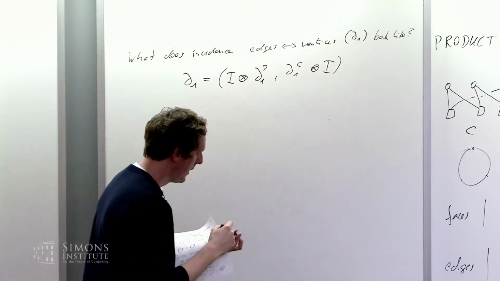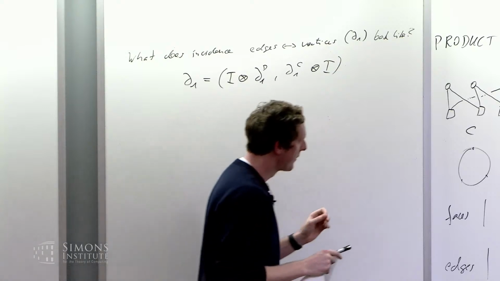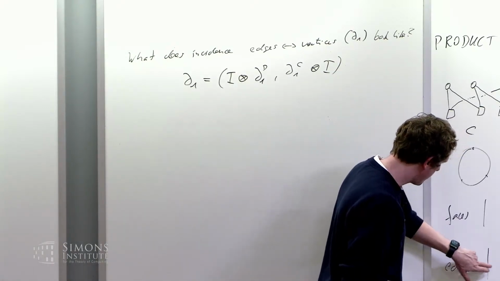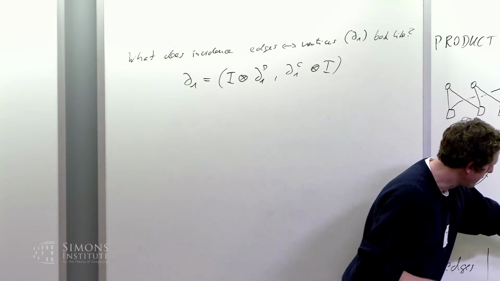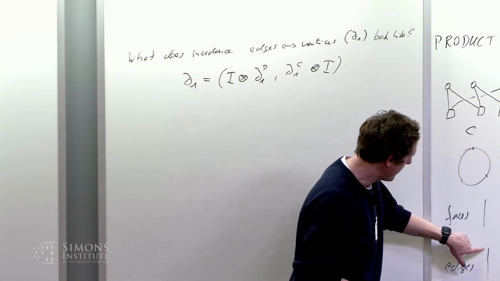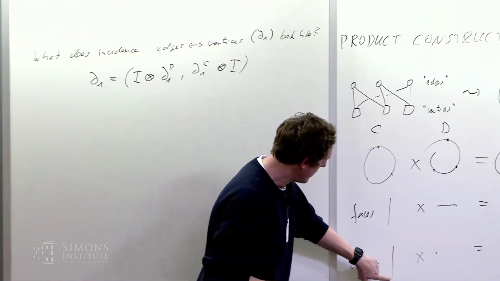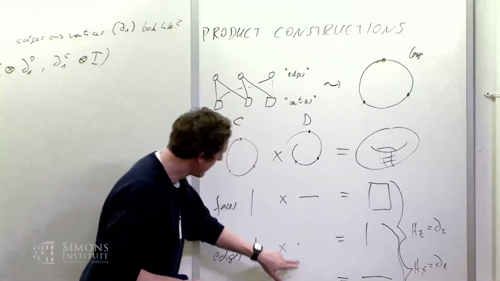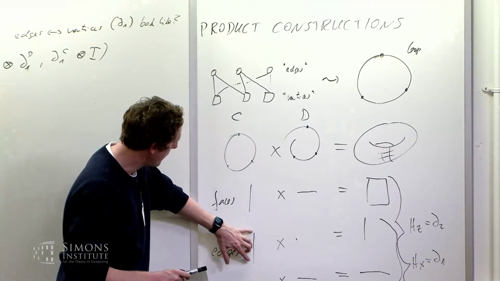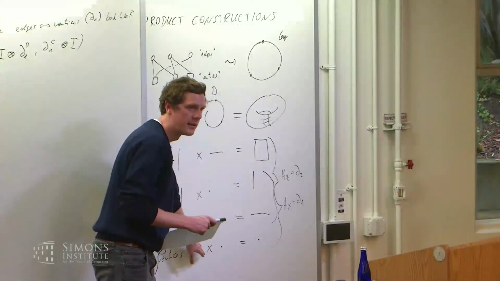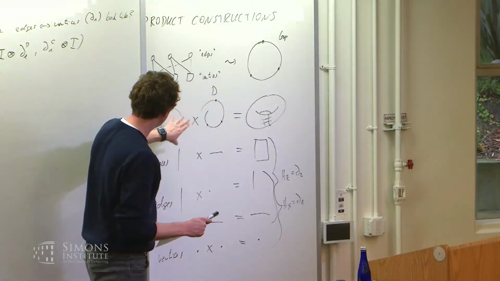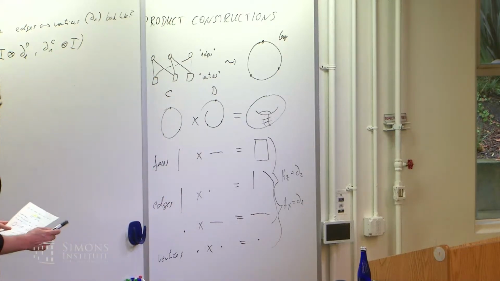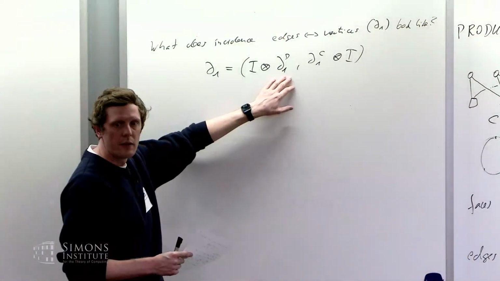You can easily convince yourself of this by checking that this edge, which is a vertical edge, is incident to exactly two vertices, which are products between two vertices here. I can fix a vertex here, then I have two vertices here and here. This is exactly the incidence relationship from my initial del C, and I don't do anything on the other vertices. This is exactly encoded in this matrix.